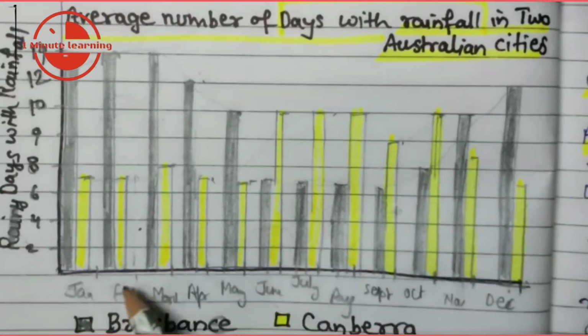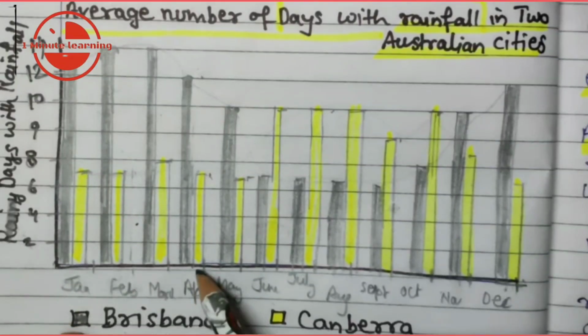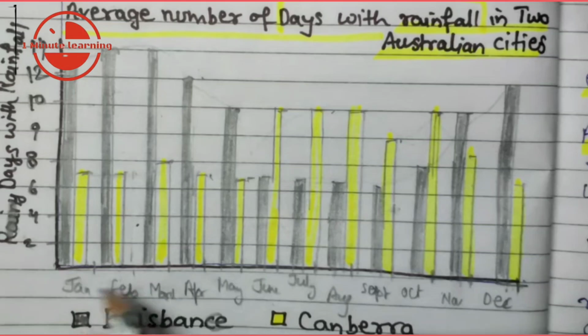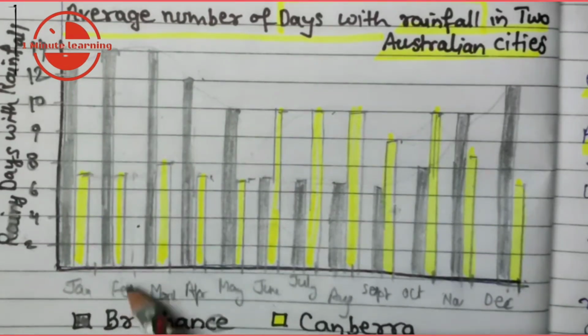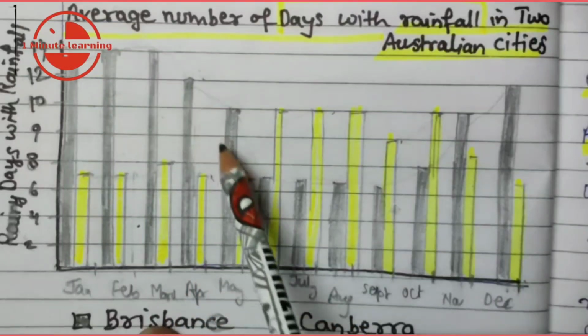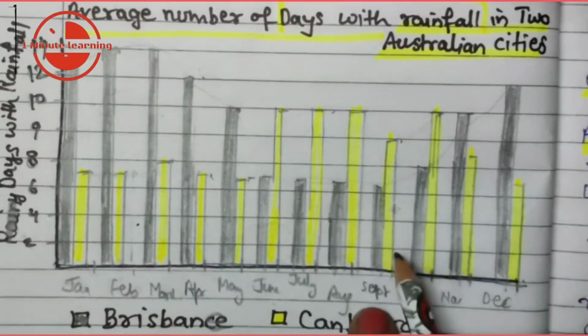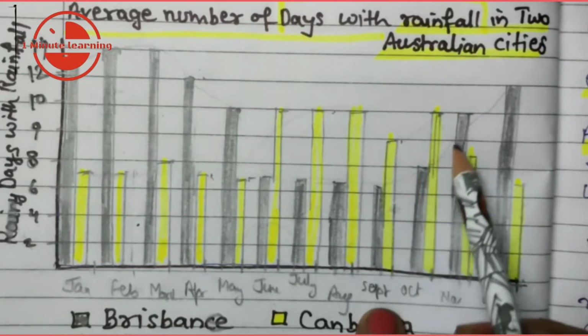Okay, so here we can see the months. For Brisbane, January, February, March till April, this bar graph was showing upward, and after March it is showing downward. Okay, and after the month of September, this is going up.